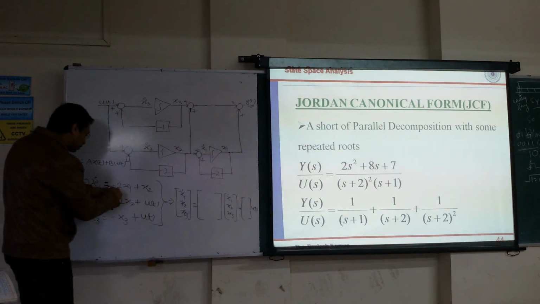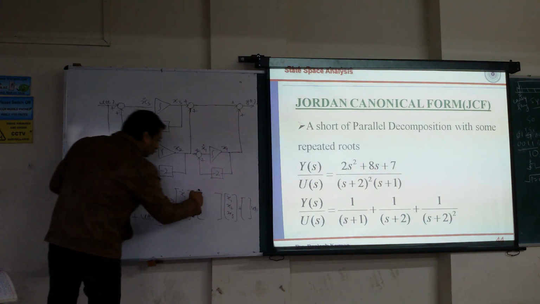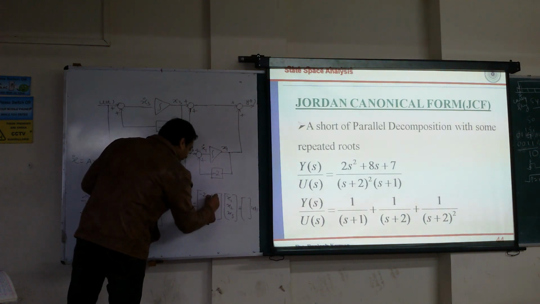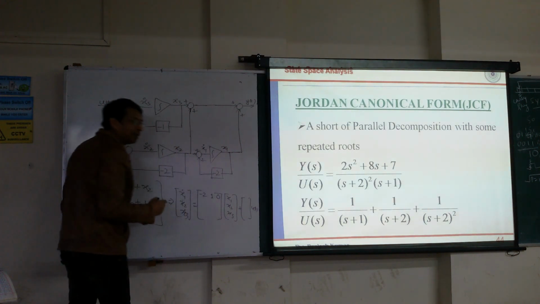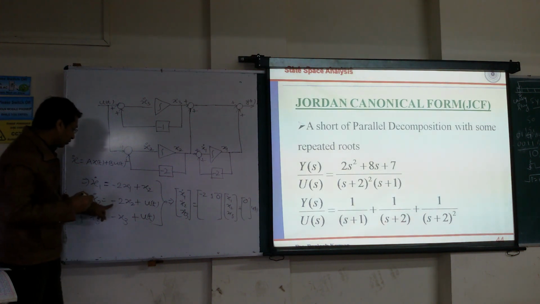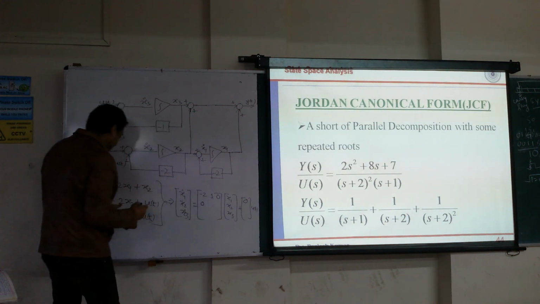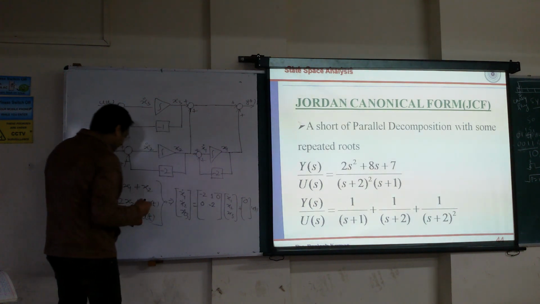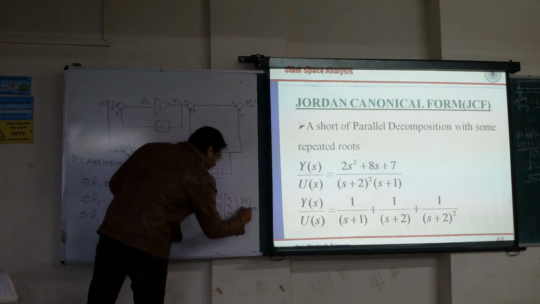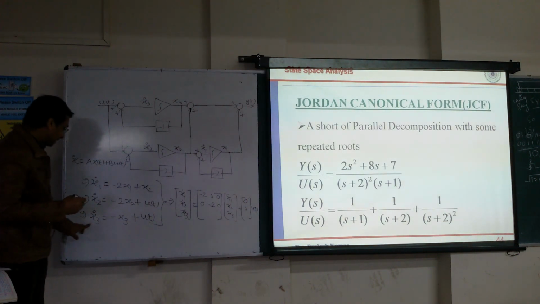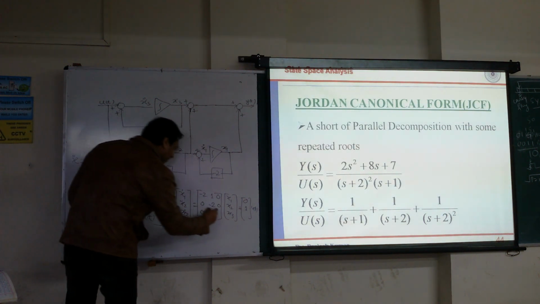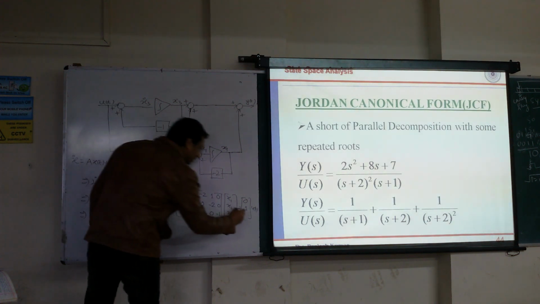So x1 dot is equal to minus 2 of x1 plus 1 of x2 plus 0 of x3 plus 0 of input. x2 dot is equal to 0 of x1 minus 2 of x2 and 0 of x3 plus 1 of input ut.